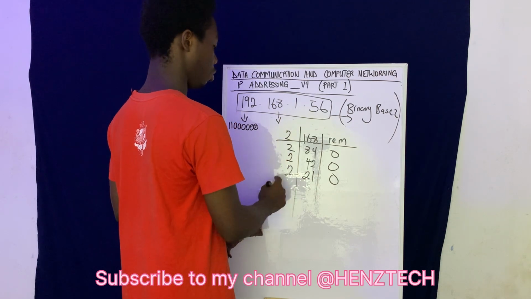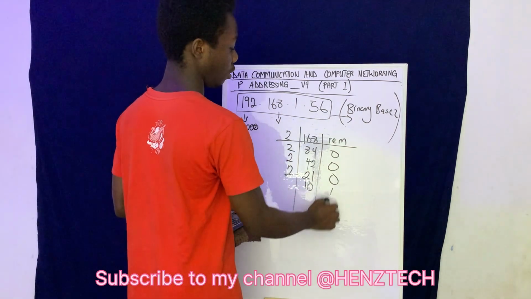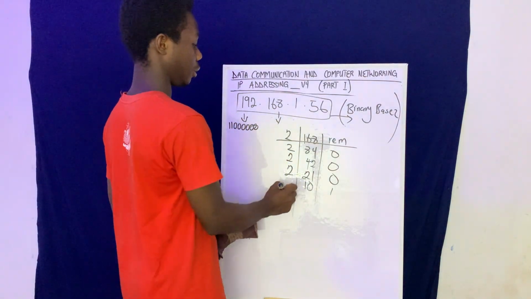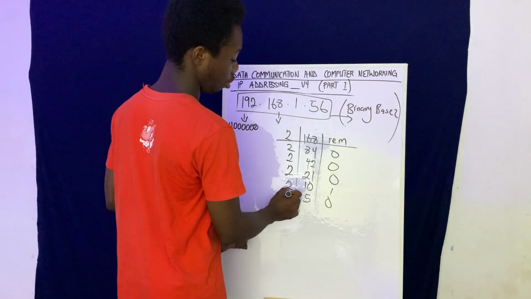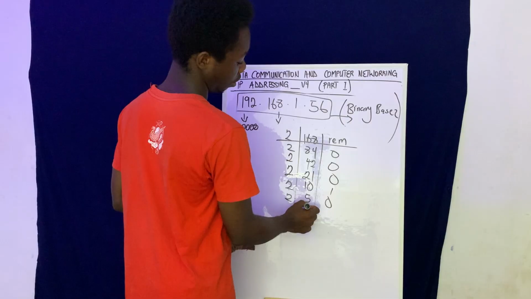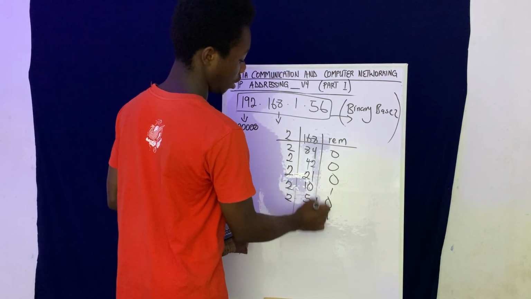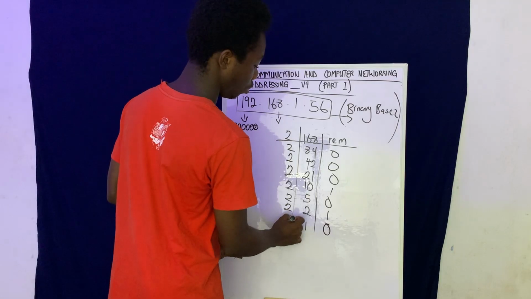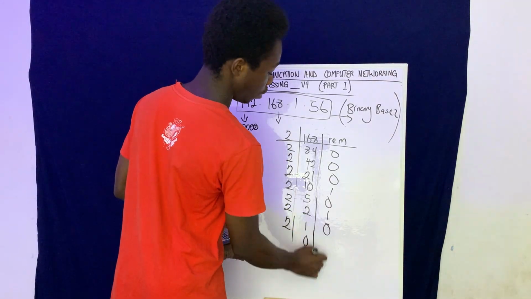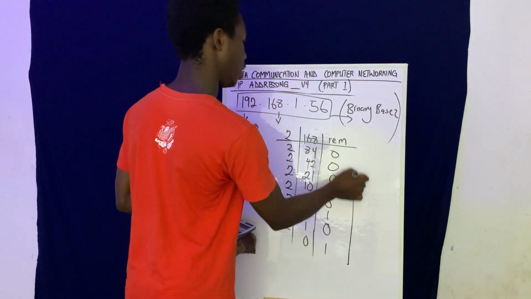So 2 will go into 21, 10, then remainder 1. So 2 will go into 10, 5, and a 0. 2 will go into 5, 2, remainder 1. 2 will go into 2, 1, remainder 0. 2 will go into 1, 0, remainder 1. So you read this upwards.